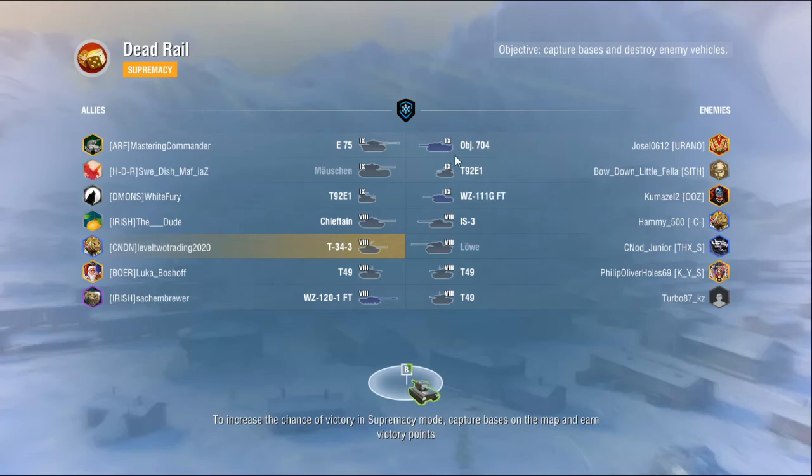Two guys. It's a dangerous tank here. We are a little bit short on the medium side. Seem to be lagging.